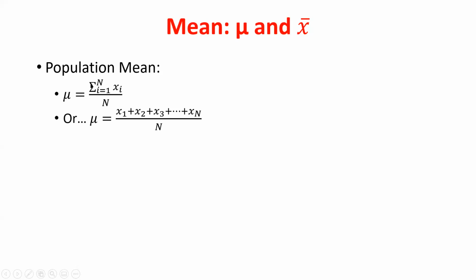So this summation sign just says, take the value for that x variable from the first observation, add to it the value for that x variable from the second observation, add to it the value from the third, all the way to the very last one. Writing that out a little differently without a summation sign, you're just saying, take the value for this x variable in the first observation, add to it the value from the second, all the way to the very last observation.